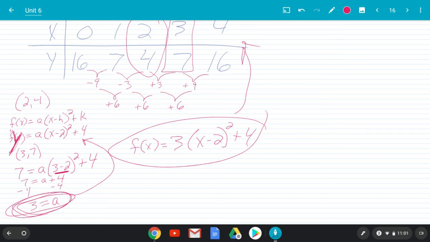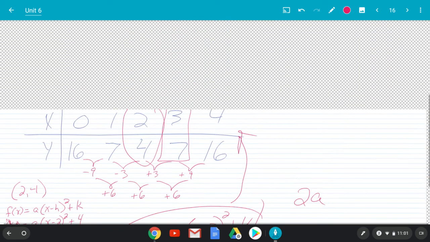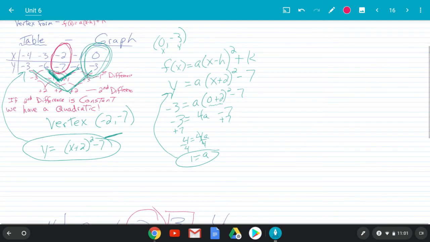Now, remember I told you I'd tell you something about 2a? Check this out. Let's go back to this first one. Just for argument's sake, you can see my a right here is 1, right? What if I said 2a equals my second difference?